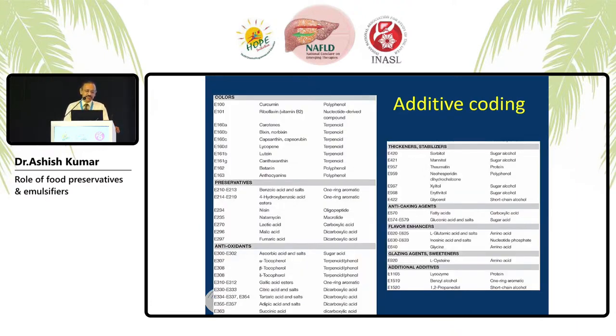All these bodies have mandated that additives are labeled with codes. For example, colors are coded as E100, E160 and so on. Preservatives are coded as E200 and similarly. So in any packaged food, these codes will be given rather than the individual name of the additive.